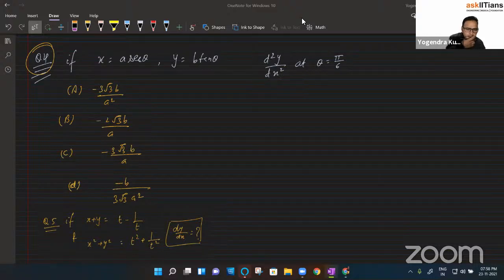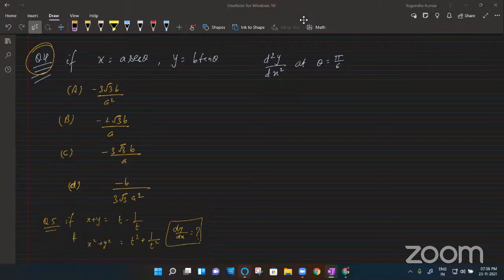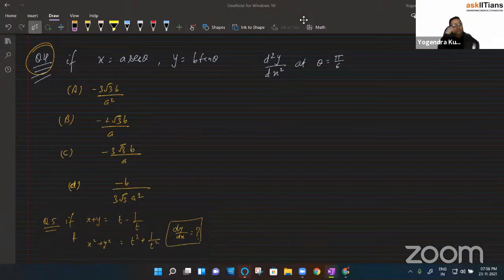Constant means then it will become zero. No, wait. There is nothing mentioned in the question, right? Okay, that is also weird. So first we need to differentiate it completely, then only we can apply theta. No, if it is constant, from the first equation only we can get it.